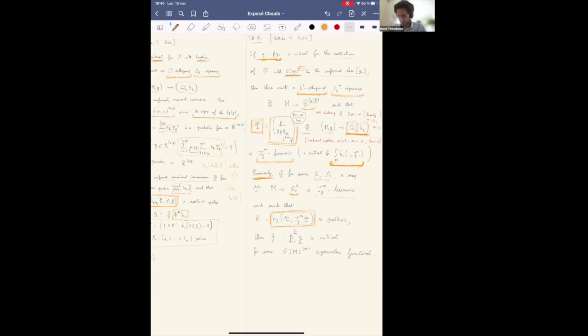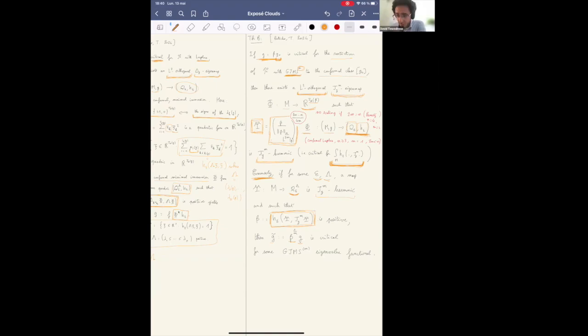Yes. I guess the half integer case could be a little bit interesting. It's in the odd dimensions. Anyway. Could you say it again? Sorry. Yeah, no, that doesn't matter.